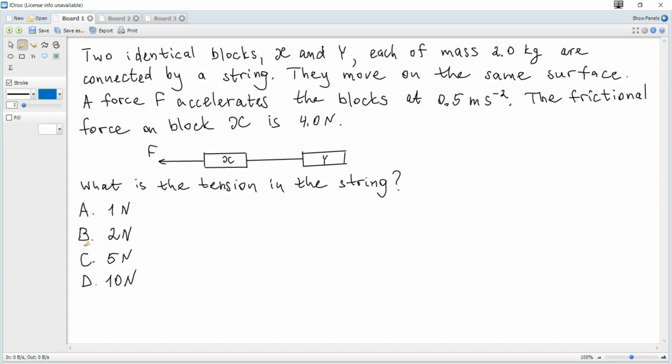So let's consider forces acting on the blocks and then the second Newton's law. So for X it's tension, the frictional force of 4 newtons, and vertical forces are not required here. Why?